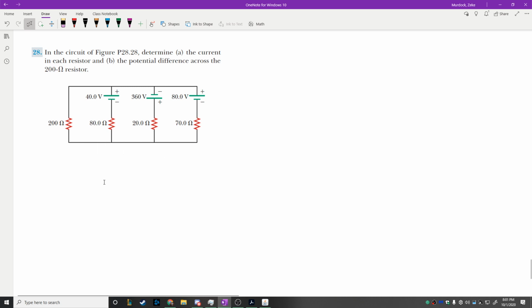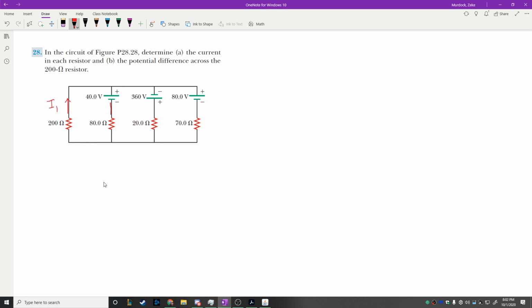Label currents. Should we maybe pick some currents right now so that everybody has the same currents in their picture? I don't know if I like that very much because it implies to some extent, but yeah, it will make it clearer. So let's do this. Let's go left to right. We'll call the one out here I1.